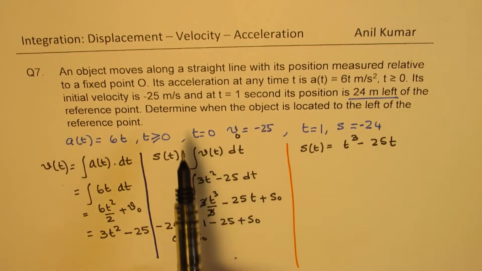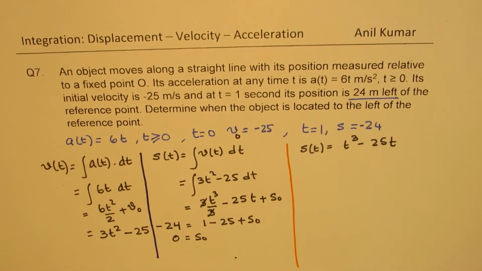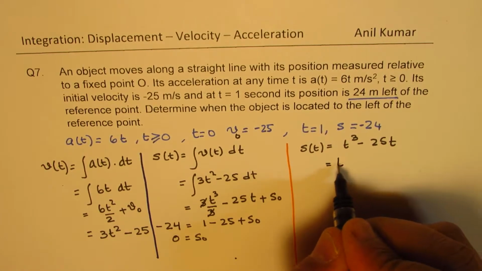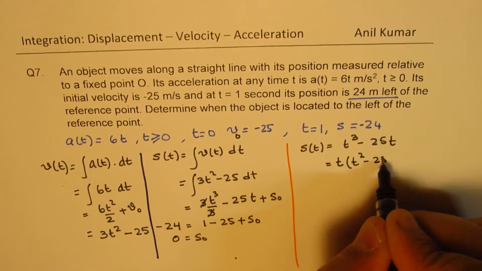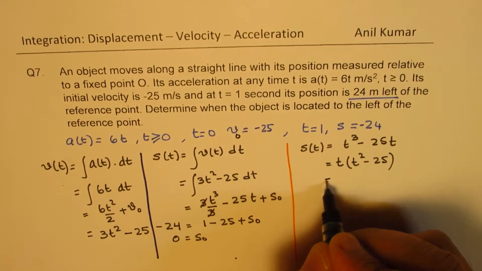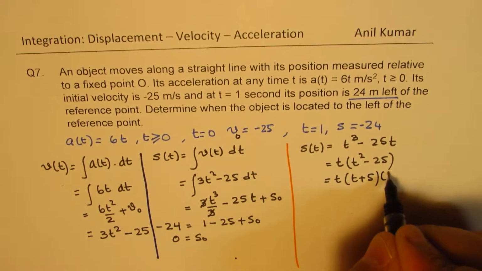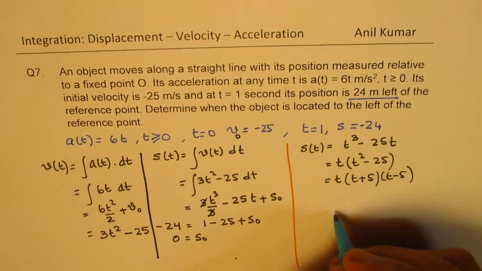Now the question is, determine when the object is located to the left of the reference point. So we can factor this, right? Taking t common, we get t squared minus 25. This is a difference of squares. We can write this as t plus 5 times t minus 5, correct? So that becomes your displacement.